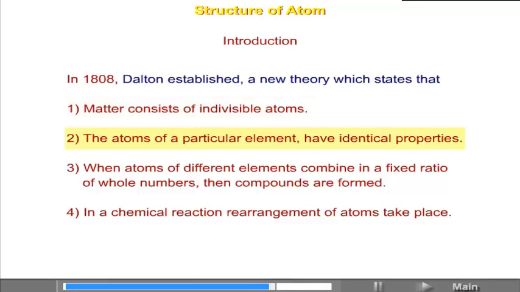Second one, the atoms of a particular element have identical properties. The atoms of different elements differ in properties. Third one, when atoms of different elements combine in a fixed ratio of whole numbers, then compounds are formed.